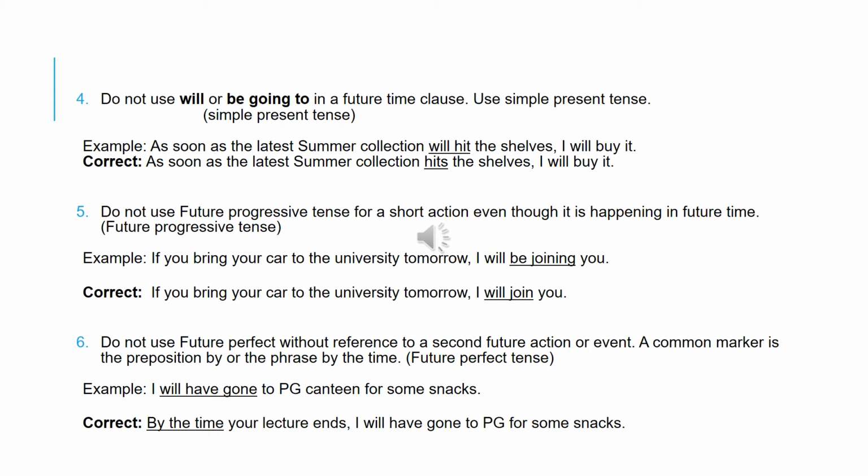I will have gone to PG canteen for some snacks. This looks like a fragment. The information is incomplete. It feels as if some information needs to be added in order for it to look complete.